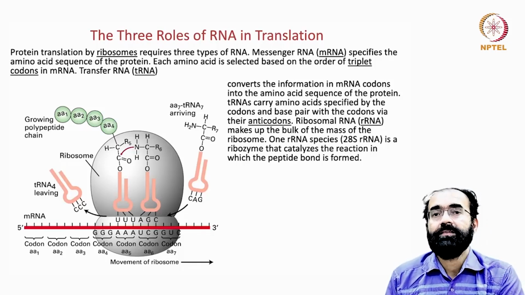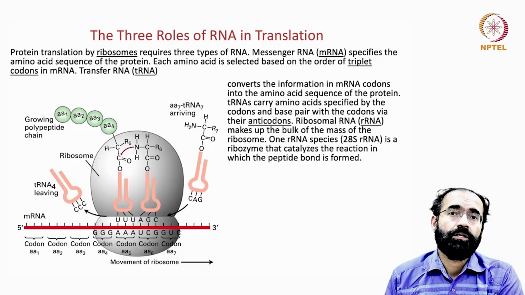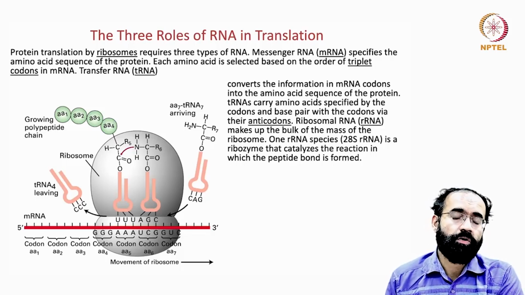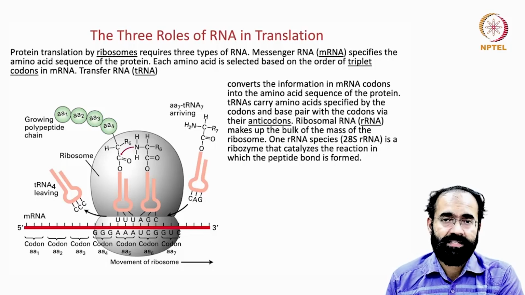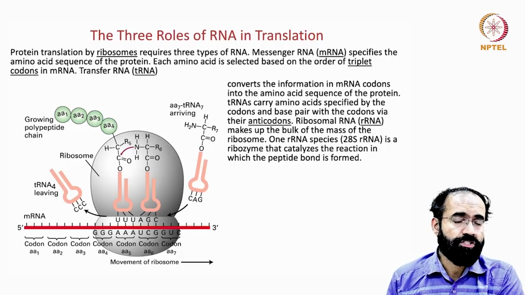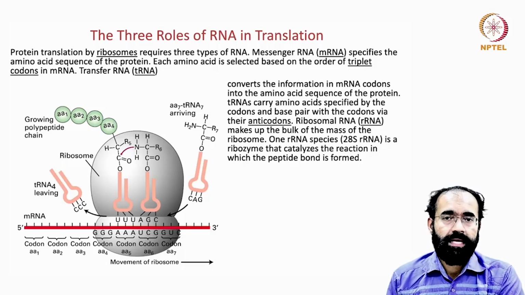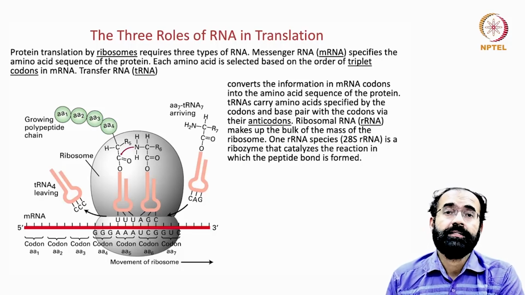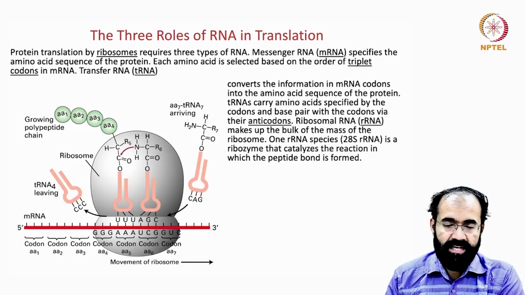Say if you have 300 codons in an mRNA, it will give rise to 300 amino acids. 300 codons means 900 bases, 300 into 3. I am talking about the start codon to stop codon, and these 900 bases can potentially add 300 amino acids. That is the concept of converting the mRNA into the amino acid sequence of the protein.